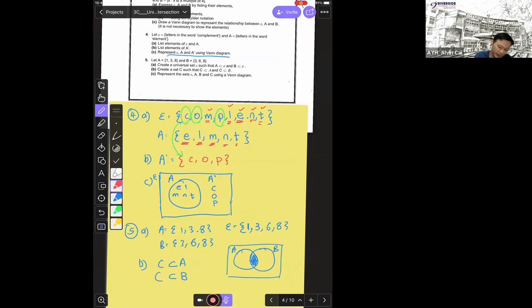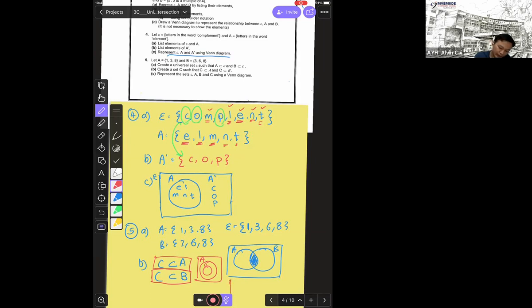So I'm just mentioning this part. What do we mean by C is a proper subset of A and C is also a proper subset of B? So C must be a proper subset of both A and B. Individually, if I were to draw A, then C must be inside A. Whatever C has, A must have.